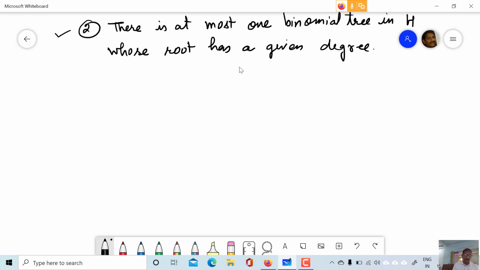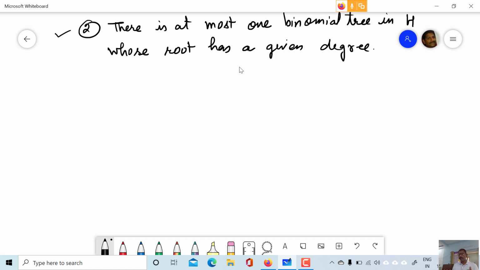From the start of this lecture I explained that the main demerit of the simple heap algorithm is that if you want to unite more than one heap, its running time gets worse. In the case of binomial heap we are going to rectify this problem. That means if we unite heaps, its running time will not be affected much.